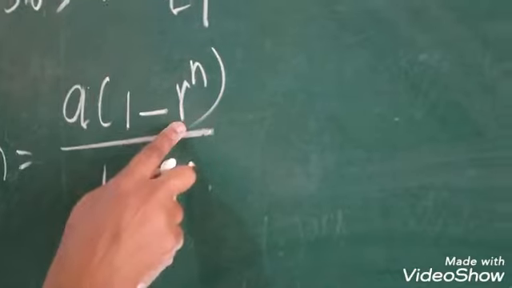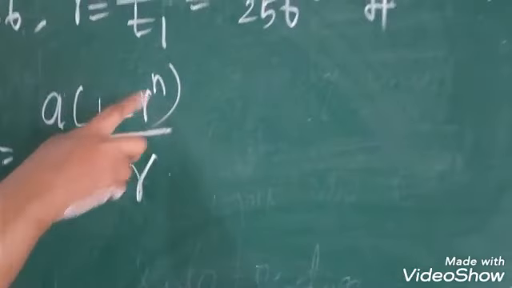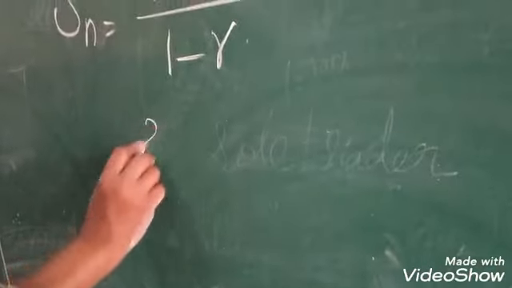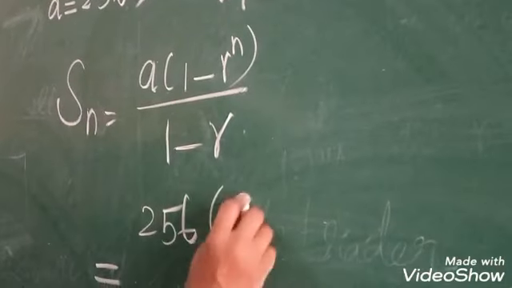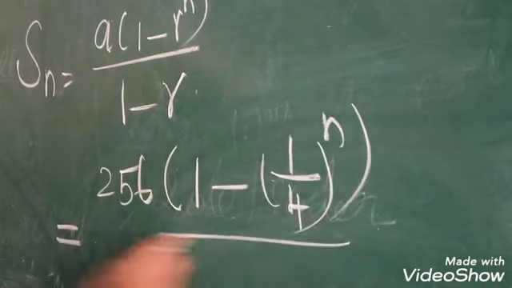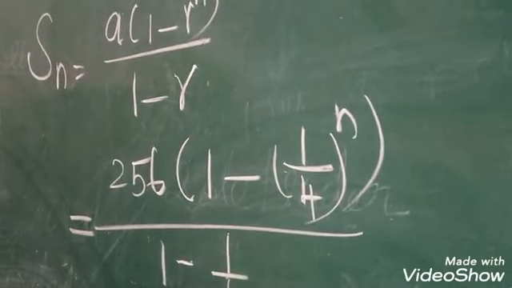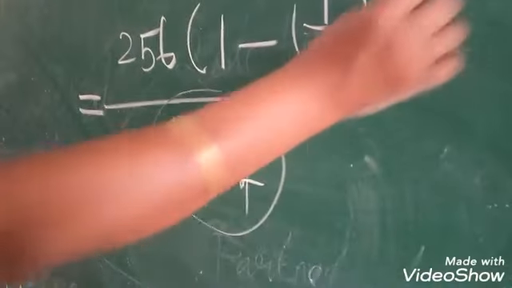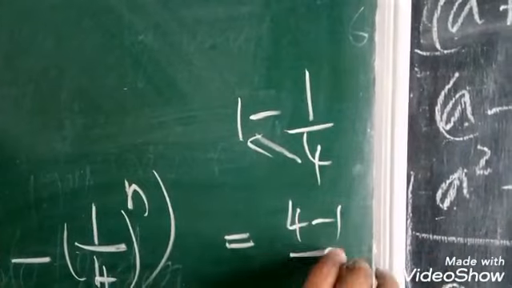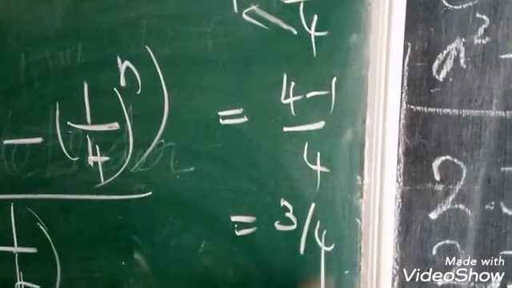R is less than 1, so we are using 1 minus R power n divided by 1 minus R. What is the value of A here? 256. So 256 into 1 minus 1 by 4 power n divided by 1 minus 1 by 4. Now simplify the denominator: 1 minus 1 by 4 is 4 minus 1 divided by 4, which is 3 by 4.